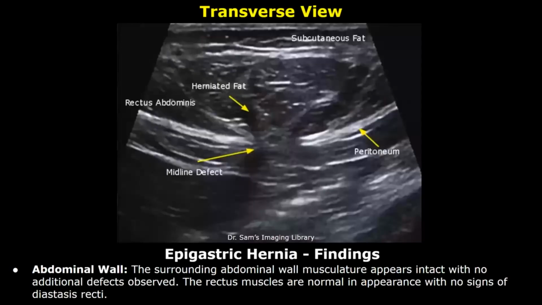Abdominal wall. The surrounding abdominal wall musculature appears intact with no additional defects observed. The rectus muscles are normal in appearance with no signs of diastasis recti, which is a condition in which large abdominal muscles separate.